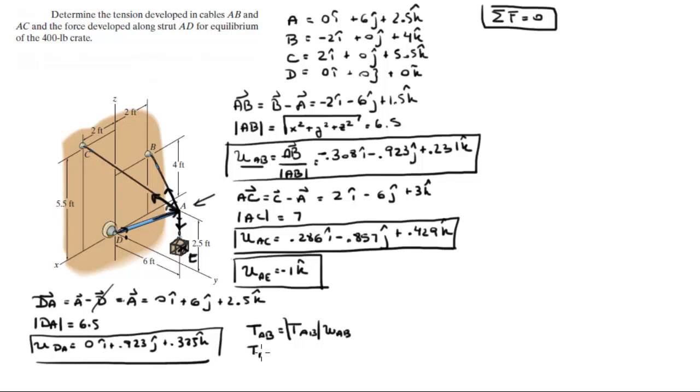Tension of AC is equal to the tension of AC times the unit vector AC. The force DA is a force because it's a strut, it's not a tension, and is equal to the magnitude of this force times the unit vector that goes from D to A, and the tension of AE, the one holding the crate, is equal to the unit vector AE times the magnitude TAE.